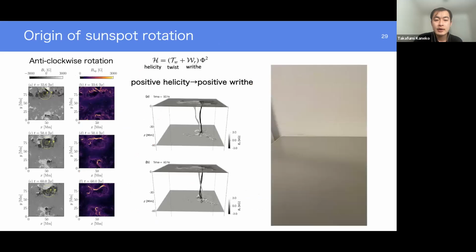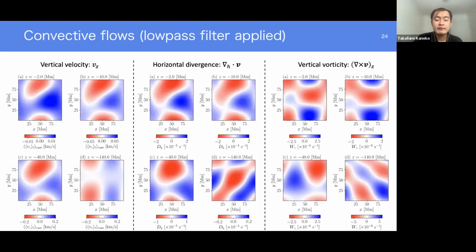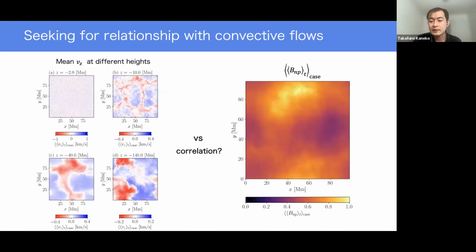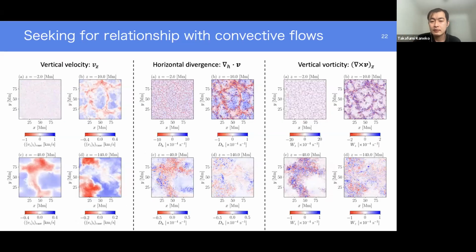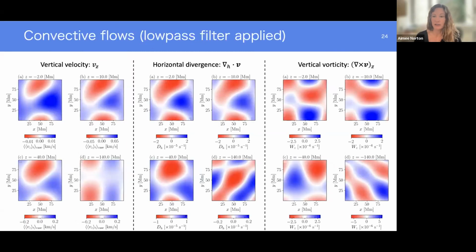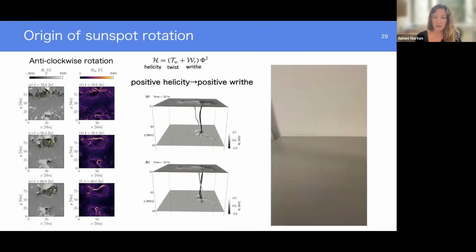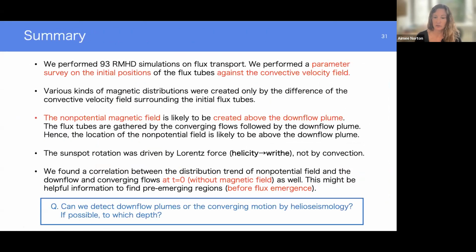Actually, the only difference is the amount of flux. If it is set to a deeper layer, the amount of flux in the photosphere decreases. But basically the difference was like that. Okay, thanks.